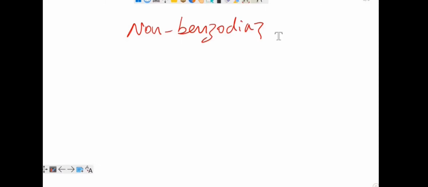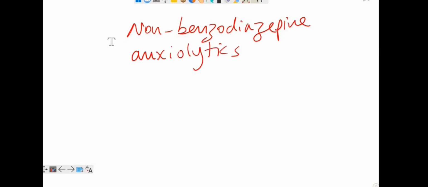This group acts on different types of receptors. They are not related to GABA.